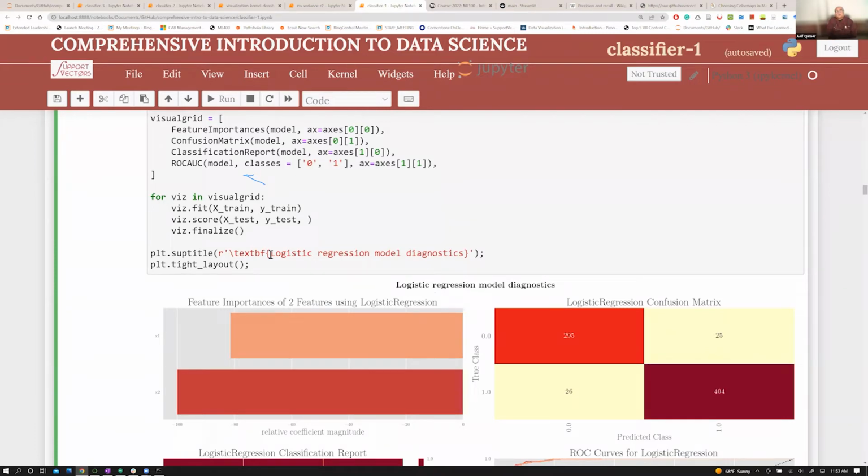The two will both affect whether or not you have diabetes, but one will have more impact than the other. So that is feature importance. How important is this feature?